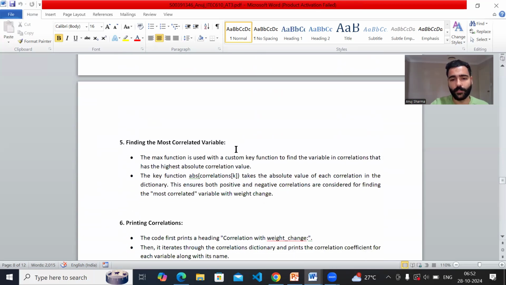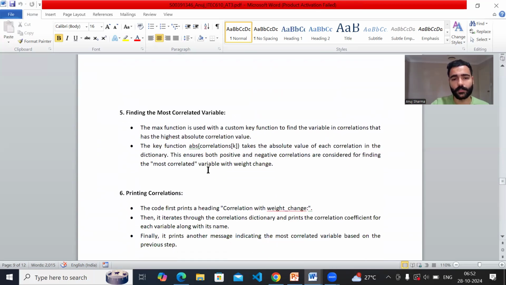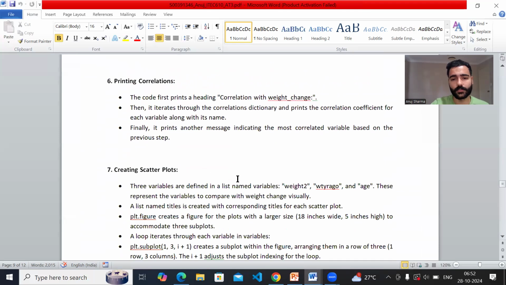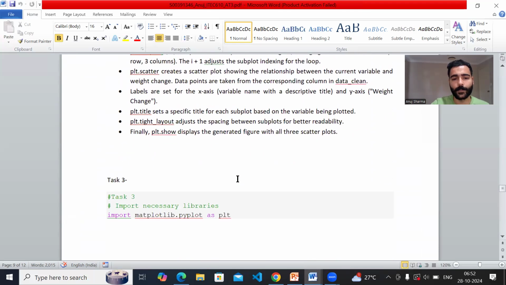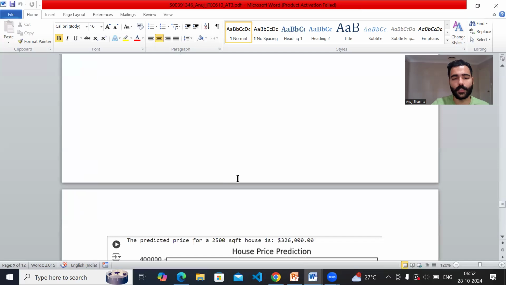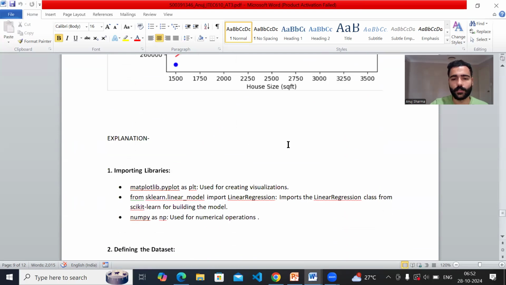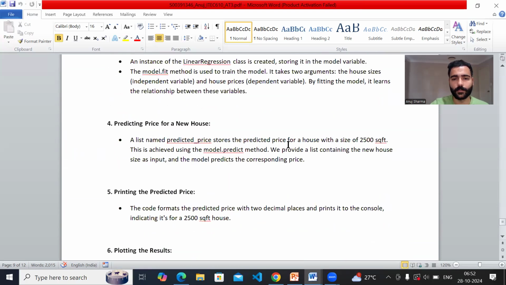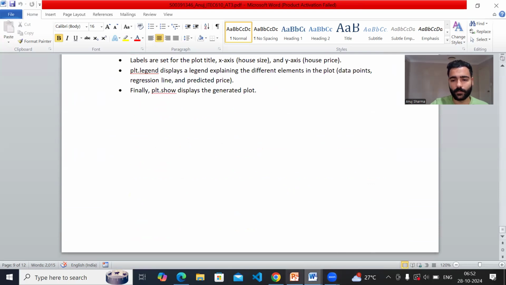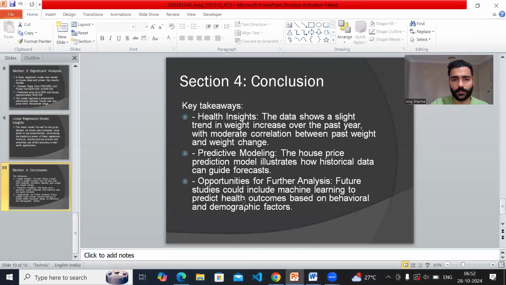Finding the most correlated variables, max function, printing the correlations. That is the start. That is the linear regression model. So I think that's it for the assessment task 3.